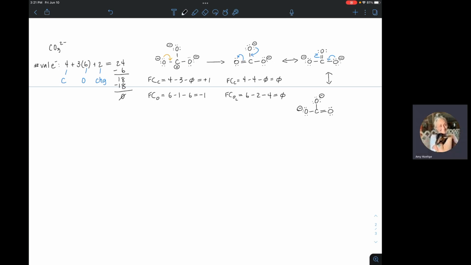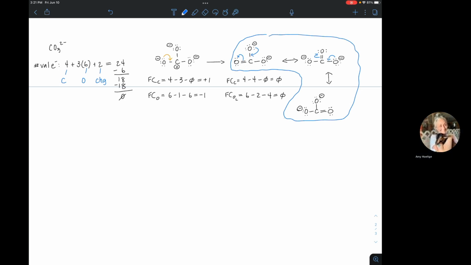So all of these are valid. Notice how all of these amount to a -2 charge on the entire species, which is kind of what we wanted, right? Because we have a -2 charge on carbonate. But these are all resonance structures.